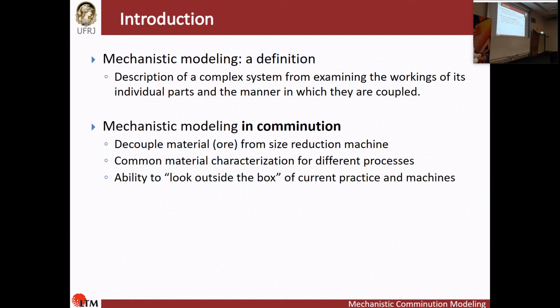So we want to understand and decouple these two in a much better way than was done in the past using the traditional population balance type of models and phenomenological models. And one bonus that we believe we get from this type of approach is that when we properly decouple, we can actually understand and characterize the material and apply it across the whole spectrum of unit operations. That's the vision, the desire, something that we are pushing forward.